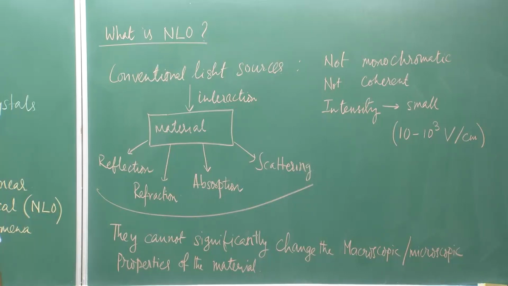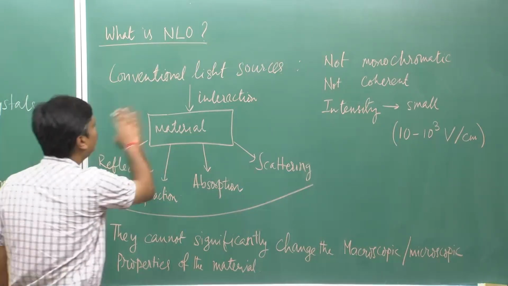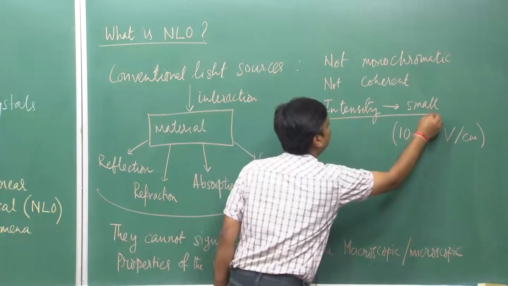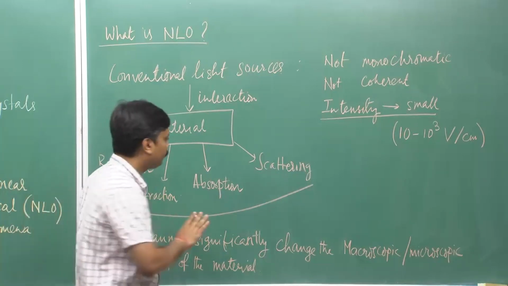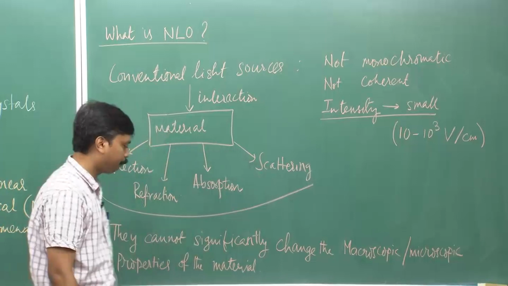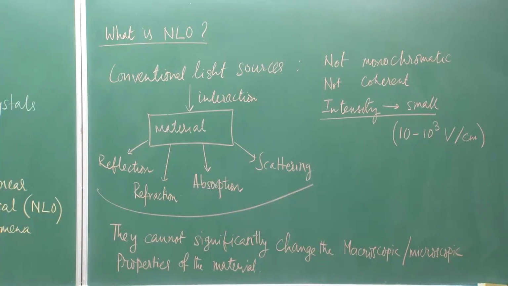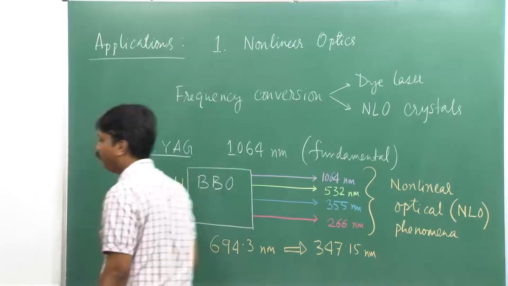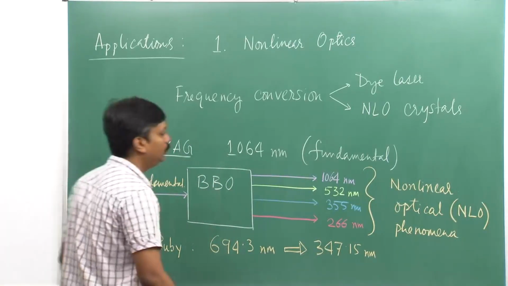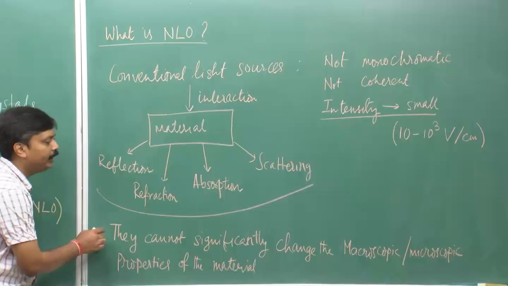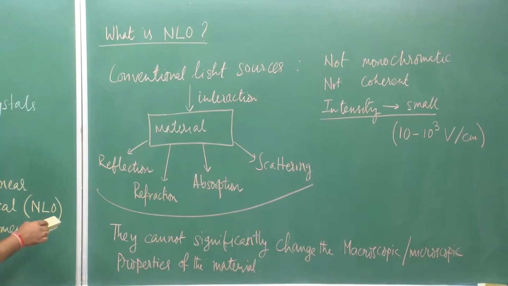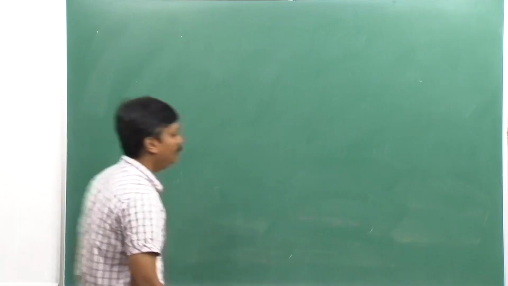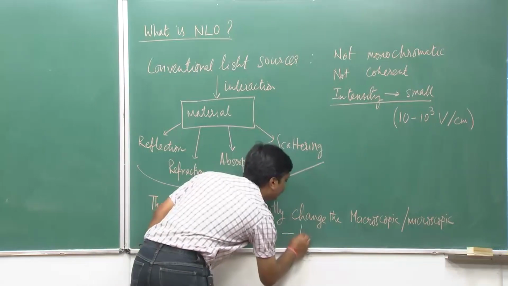Fine. So, this is true for conventional light sources, which have a very small intensity in the order of 10 to 1000 volt per centimeter. Now, at this point, I said that they cannot significantly alter the macroscopic or microscopic properties, but why?